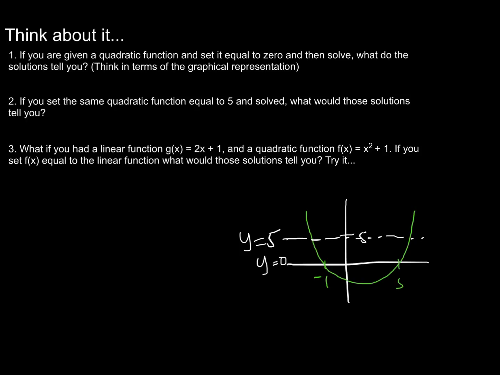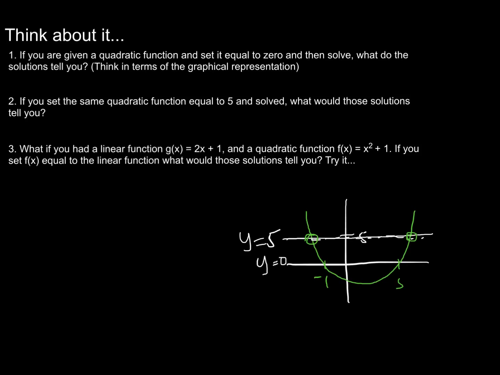Where is this function intersecting the line y equals 5? So we're starting to build a really intuitive and graphical understanding of what those solutions really mean when we set a particular function equal to something else and solve.